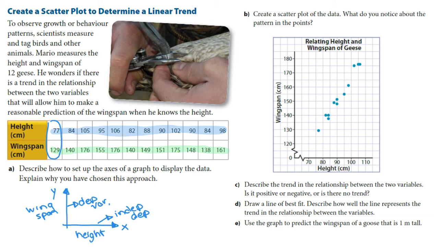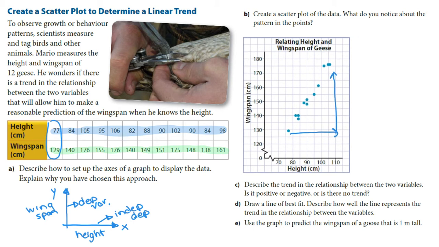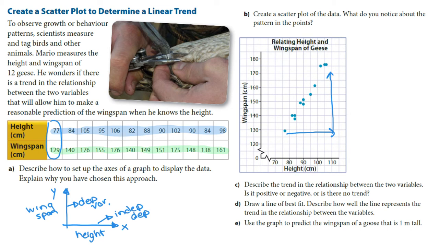And it says, what do you notice about the points? Generally, as they move to the right, they are moving up. And that's what they want us to recognize here, is as the points are moving to the right, they're also moving up. And that will help us talk a little bit about what actually is happening with the data.